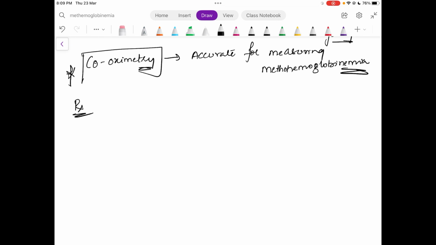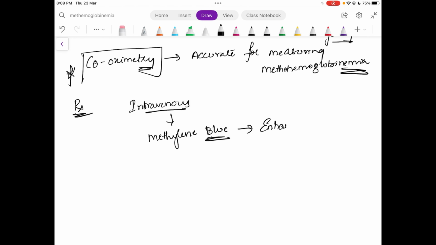Next, how do you treat this methemoglobinemia patient? You have to give intravenous methylene blue.